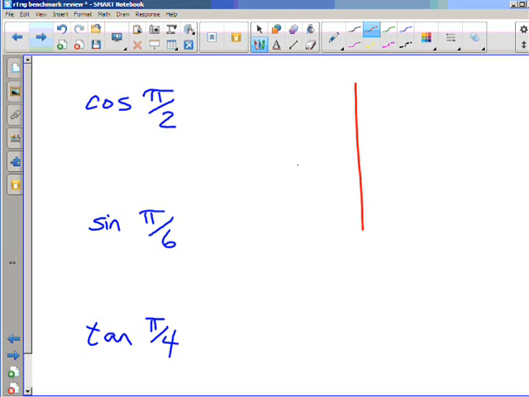Cosine of pi over 2 is going to be a 90-degree angle. We think of cosine as our x, sine as our y. In this case, the point up on top is 0, 1. So we would say that cosine equals 0.